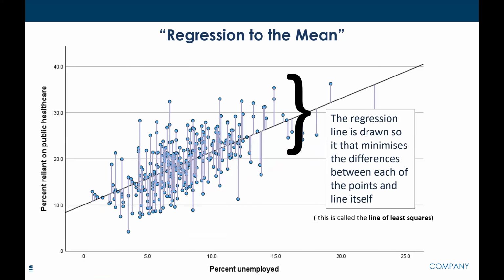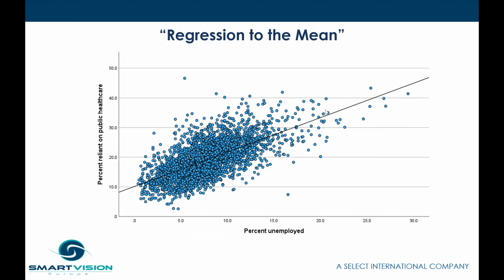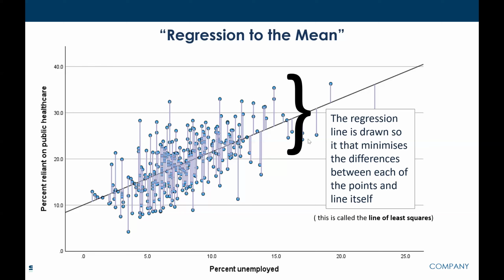And the regression line is drawn in such a way that it minimizes the differences between the points and the line itself. So you look at this line here, it's put through there because it's basically trying to minimize the distances between the points and the line. And if you were to do that, you would end up with this line called the line of least squares.